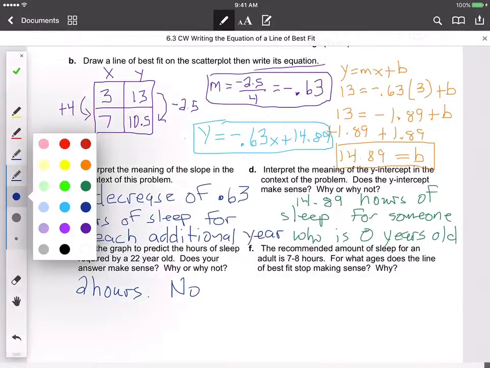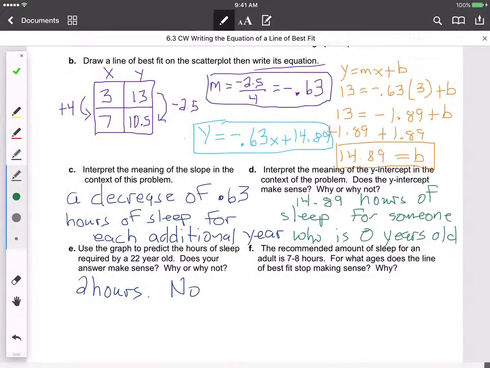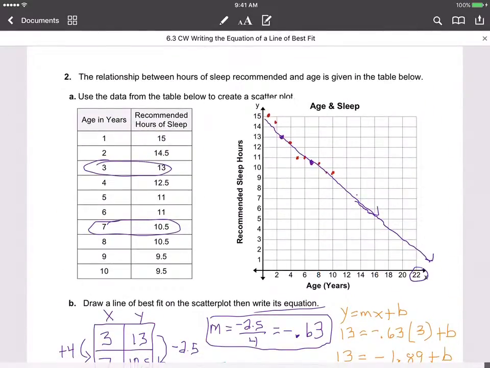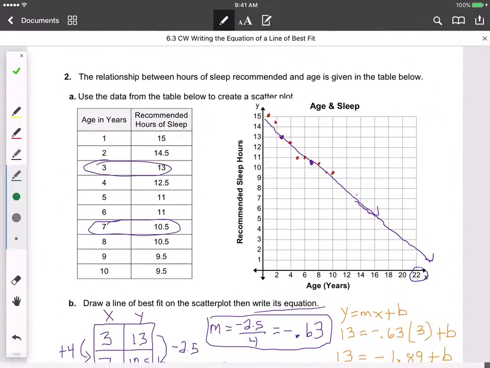And question F. The recommended amount of sleep for an adult is 7 to 8 hours. For what age does the line of best fit stop making sense? So once again, let's go up and look at our graph. We've got that 7 to 8 range right here. So for what age does that line stop making sense?